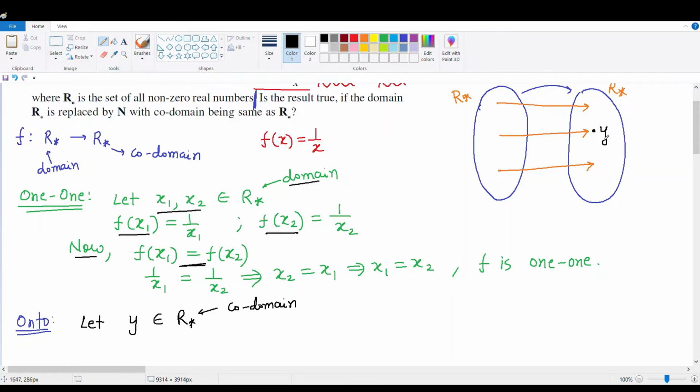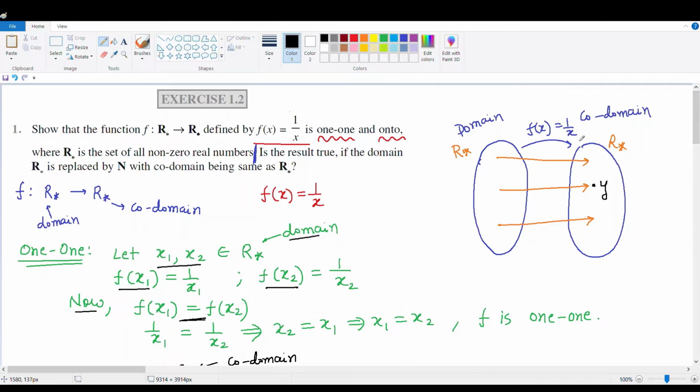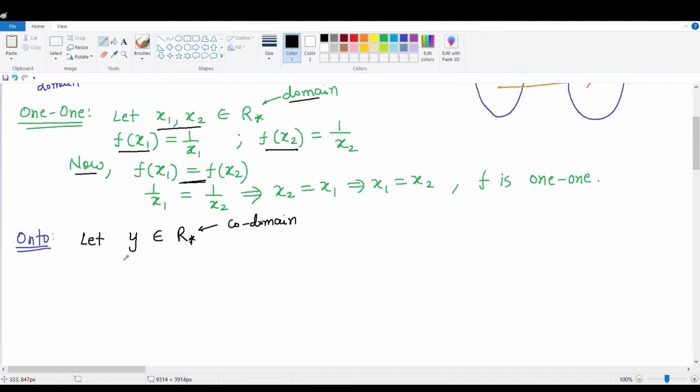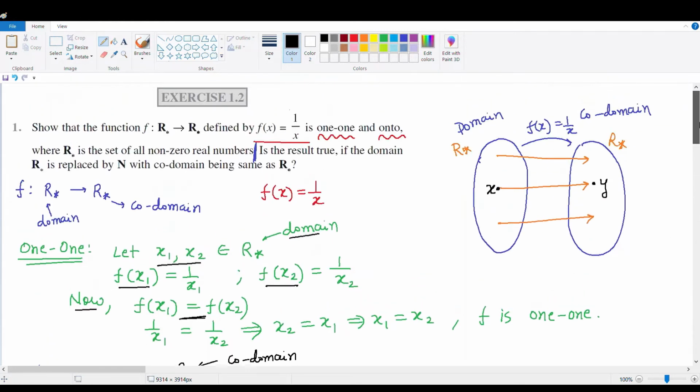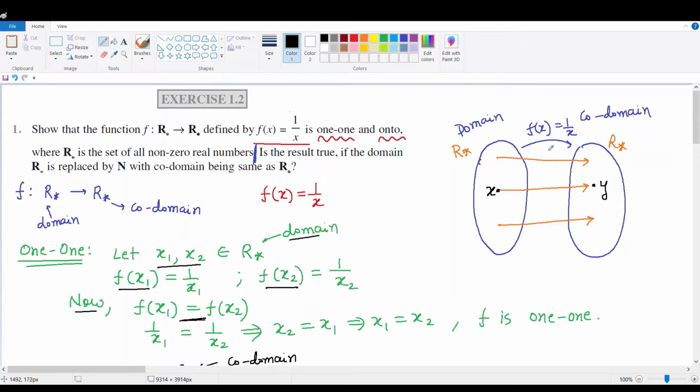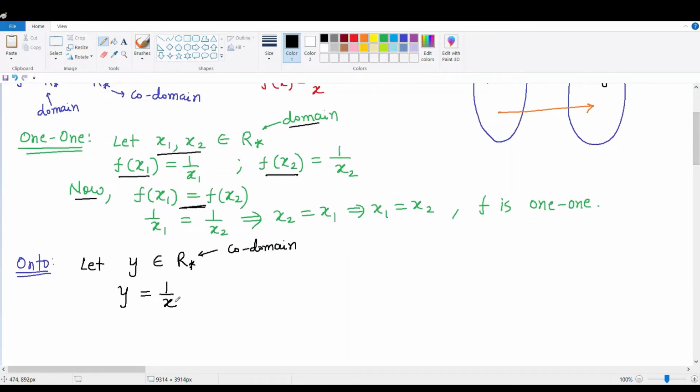Now if y is in the codomain, and the function definition is 1 over x, then there must be some x in the domain whose reciprocal, 1 over x, was equal to y, because that's what the function definition is. So if there is a y which belongs to the codomain, then y must be equal to 1 over x. Why? Because that's what the function definition is, and f of x is generally our output. So you can think of f of x as nothing but y, so y equals 1 over x.